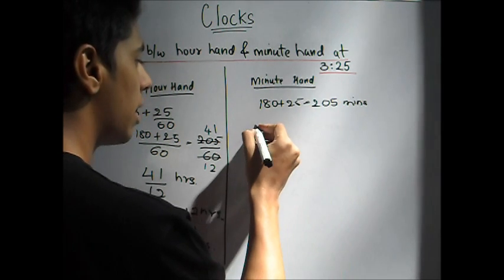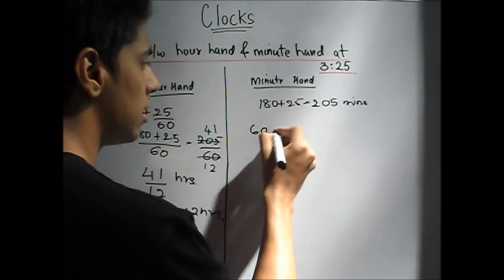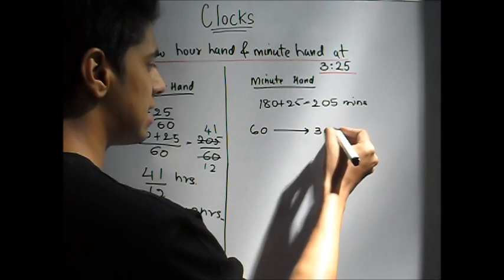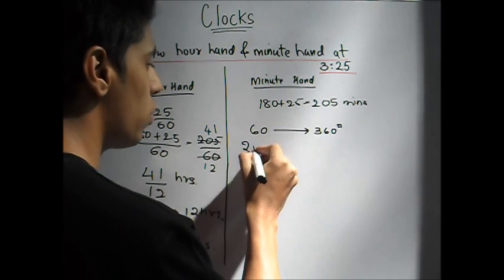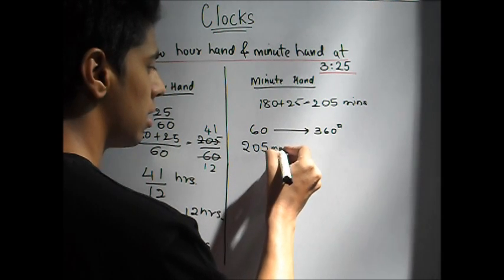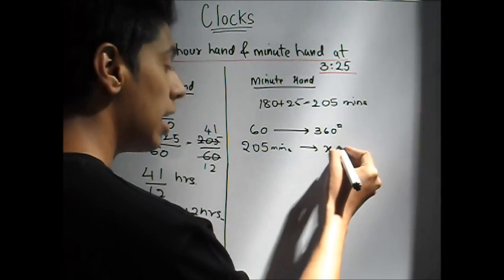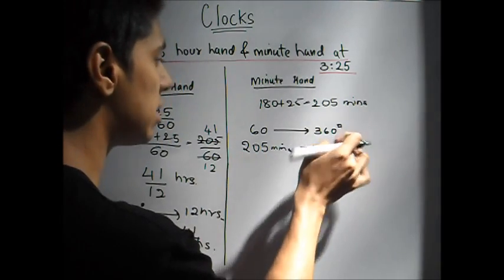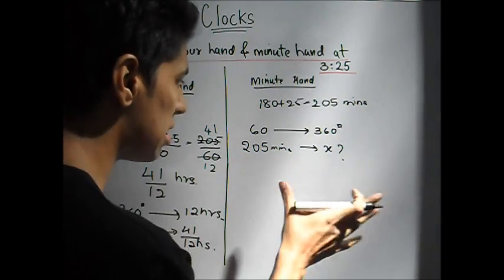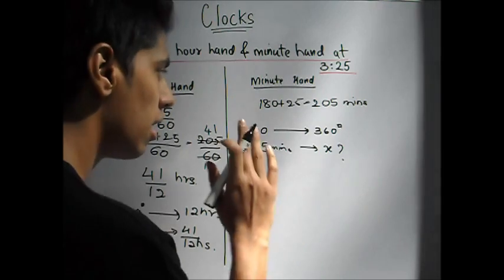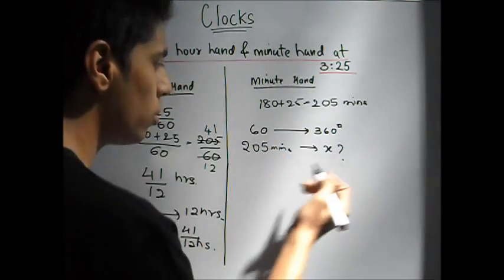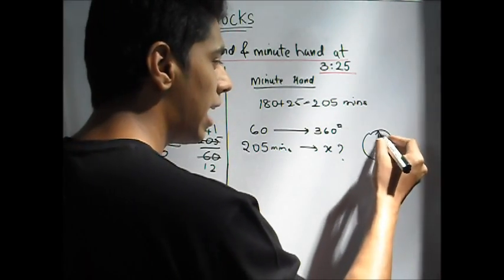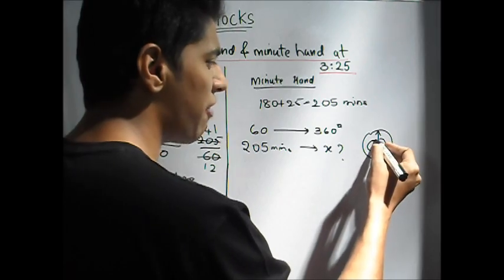Now, every 60 minutes, it traverses 360 degrees. So now you have to find out for 205 minutes how much. This is where students make a mistake. They go on to multiply 205 into 360, and then it becomes a huge number, and they don't know what else to do. The simplest way is that you know a minute hand comes back to its initial position after every hour.